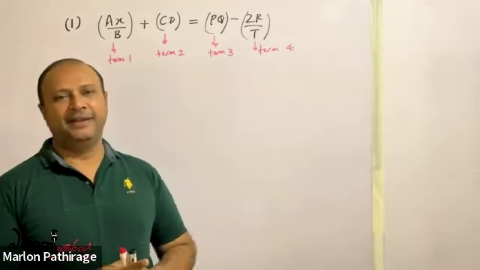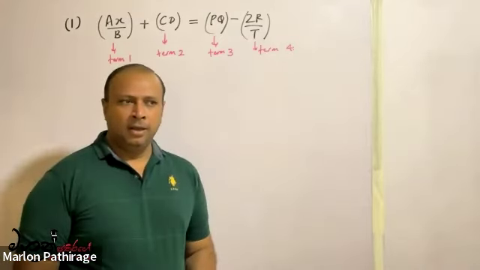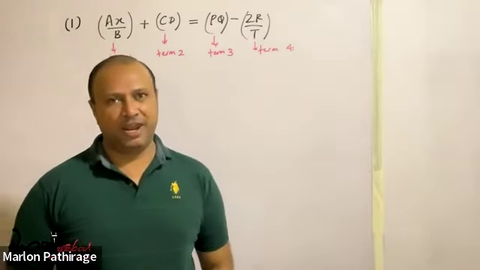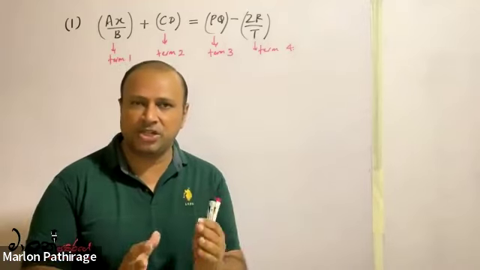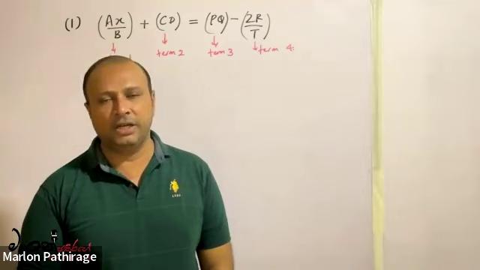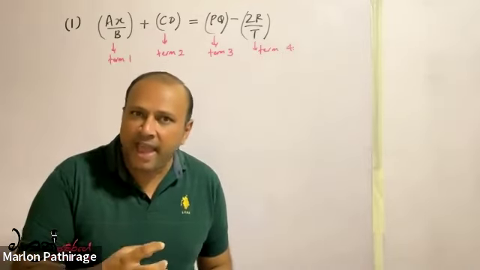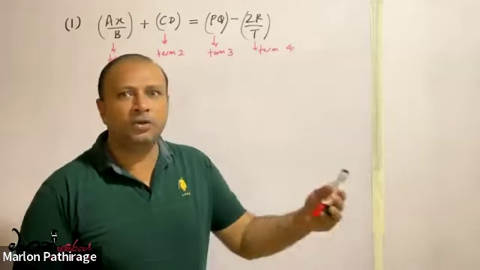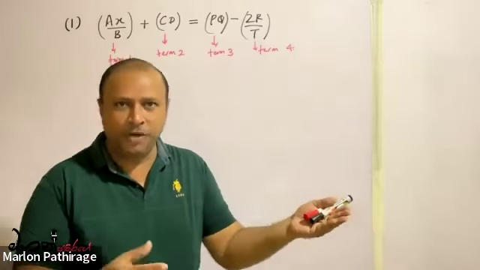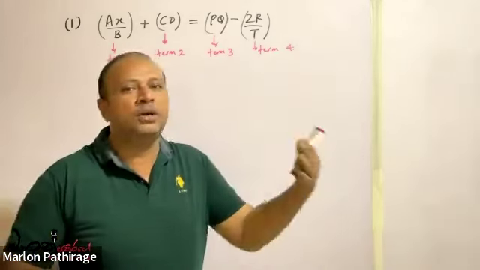And then we know that addition or subtraction can be done among two equal physical quantities. That means we cannot add a kilometer to a time. Kilometer means it is a length. We cannot add a length to a time.